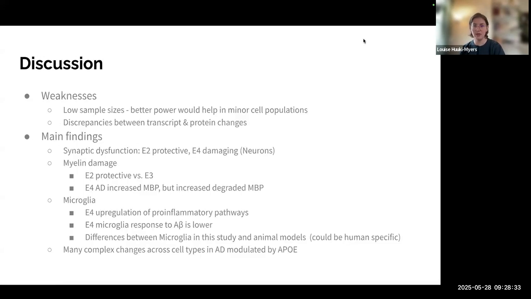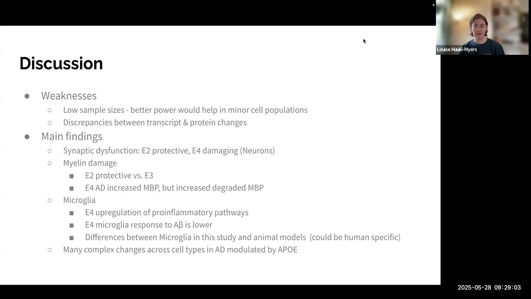So then moving to their discussion, they point out that some weaknesses in this study were low sample sizes. They only have about 4 or 5 samples broken down by genotype, sex, case, and control, which is pretty decent, but there could always be better power. And they said specifically that this would help them find more differences in minor cell populations.